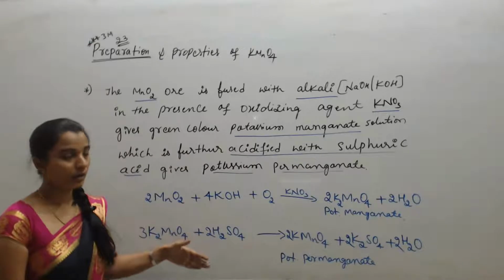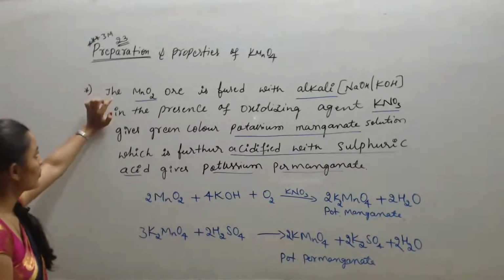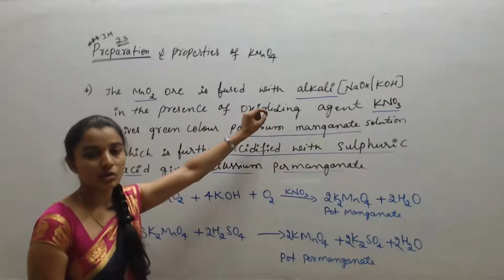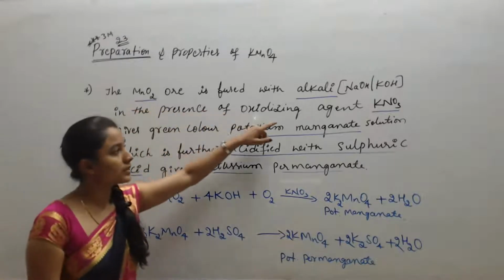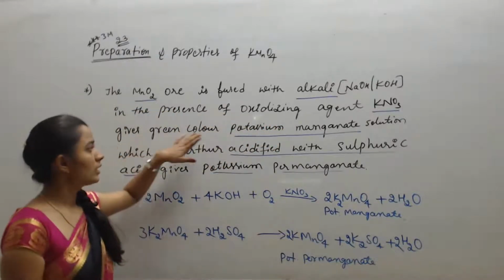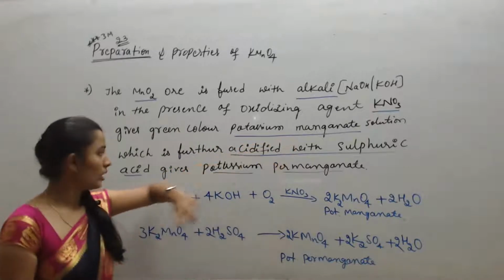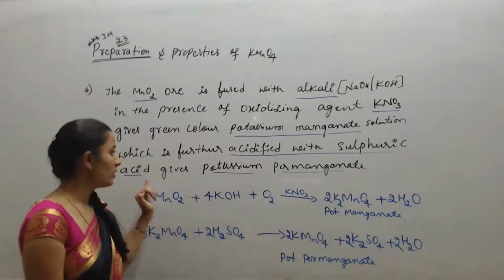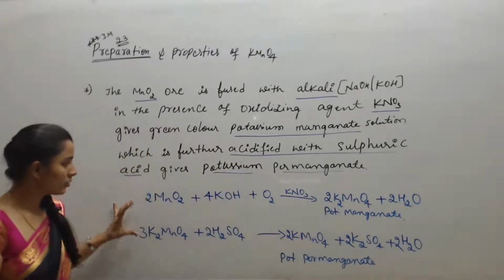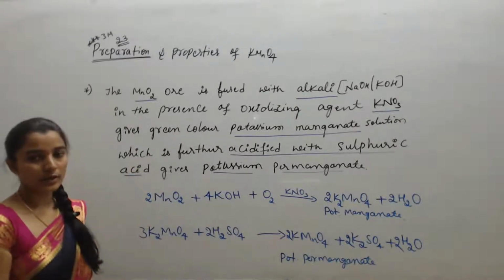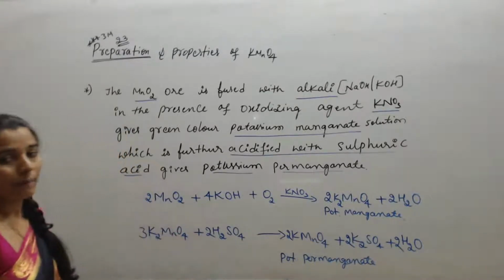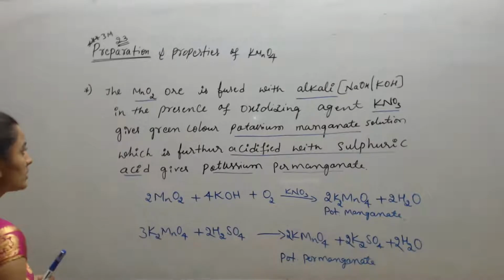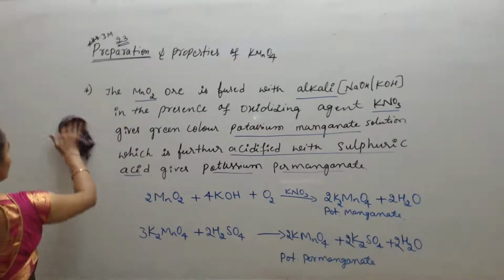MnO2 is fused with alkali, meaning strong base, in the presence of oxidizing agent KNO3 and gives green color potassium manganate solution. This potassium manganate, further treated with sulfuric acid, gives potassium permanganate. These two reactions represent the above explanation. This is one preparation, the industrial one. Another one is the commercial method.